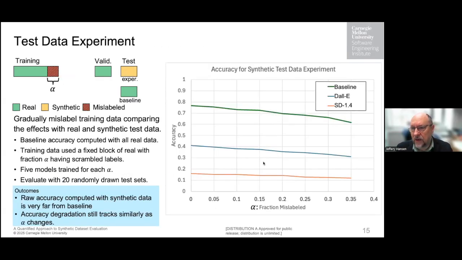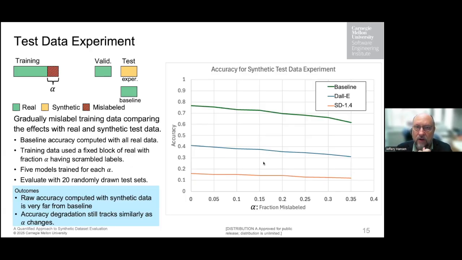The last experiment we did was asking, what if we use our synthetic data in the test set? Here we used a fixed amount of training data, we used real data for the validation, and then we used each of the two synthetic types for the test data, and compared that to the baseline.